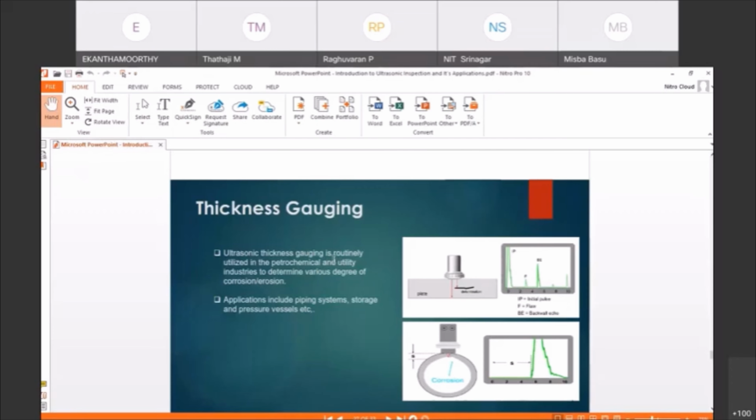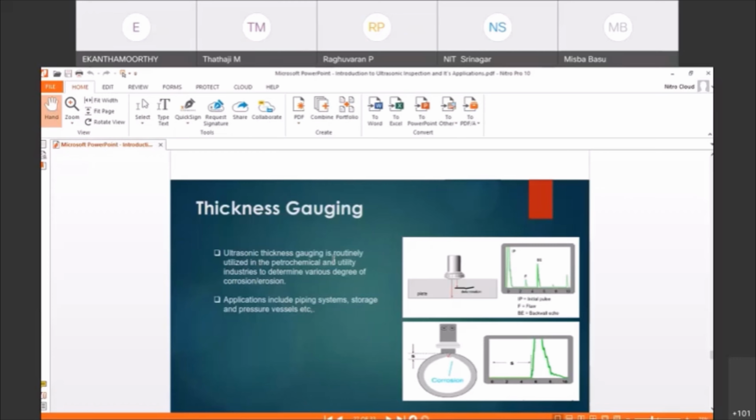They will measure every elbow or every pipe. Suppose you take a pipe, how will they measure? They will measure 4 points, like 90 degrees, 90 degrees, 90 degrees. They do the averaging. Where the minimum thickness is coming, they will note it down. So they do the plant survey, the entire plant pipe thicknesses, they do the thickness gauging.